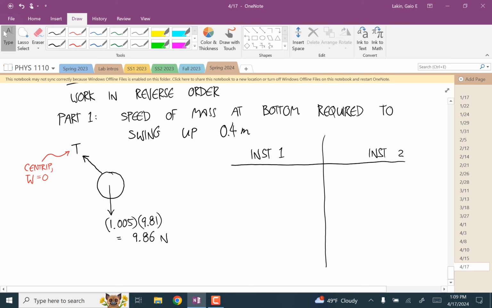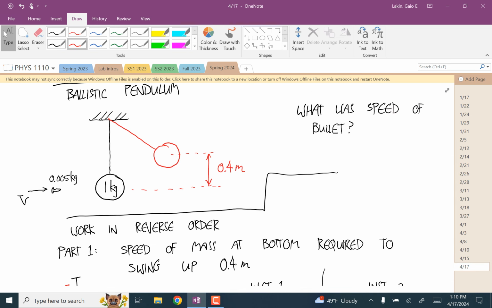For height equals 0, I'm going to choose this. So the height at the bottom of the swing is 0, and the height at the top of the swing is 0.4.